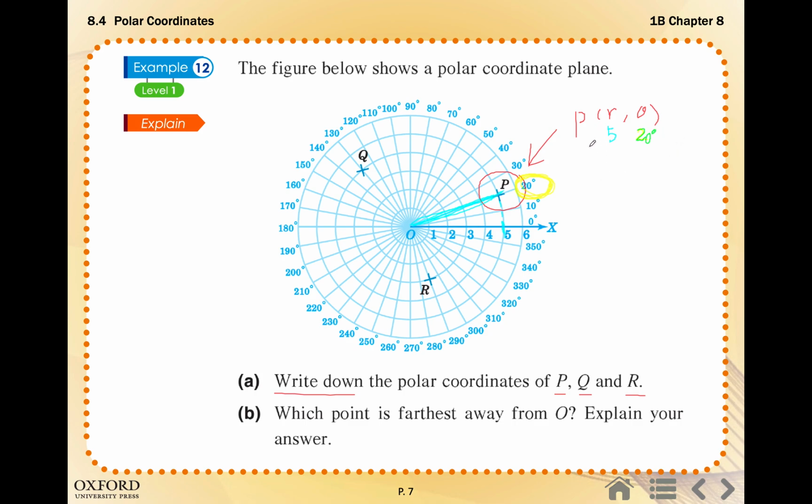And that's why the polar coordinates of P are (5, 20 degrees). That's all. Then you can write down the polar coordinates of P. And I think you can try to write down the polar coordinates of Q and R easily. Then you may try it.